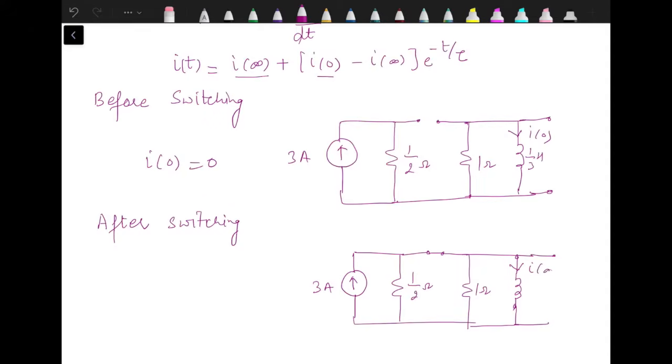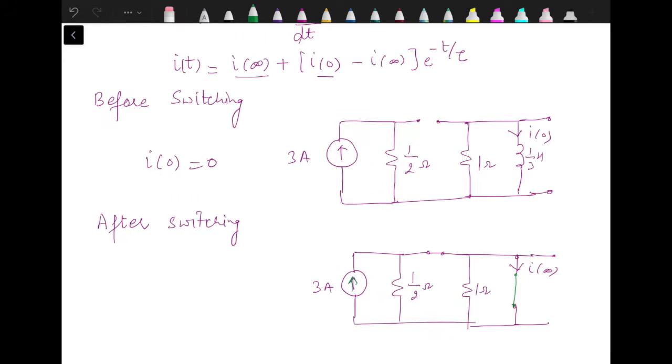And here we need to find out i infinity. So when the steady state conditions are reached after switching, the inductor will behave as short circuit. So we will replace this inductor by short circuit.